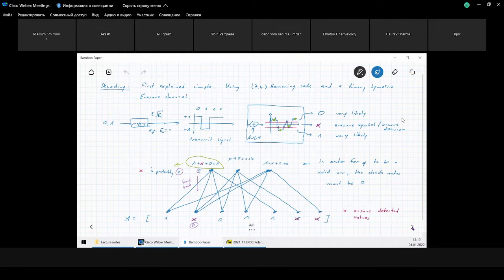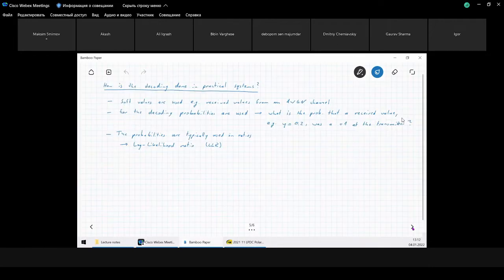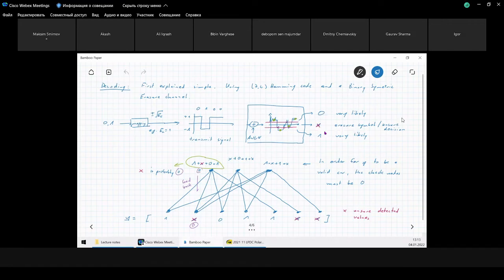Okay, so this is basically where we concluded last time. Finally, by looking at how things are done in practical systems, because this binary symmetric erasure channel is not really a channel model that is useful in our practical system.